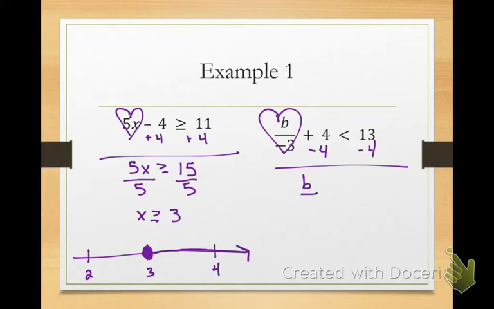So B over negative 3. Now this is something that we did struggle with a little bit with equations, when the number is connected to the variable by division. I want you to think about that while we're bringing everything down. Can anybody raise your hand and tell me how I could get B by itself when it's in a fraction?